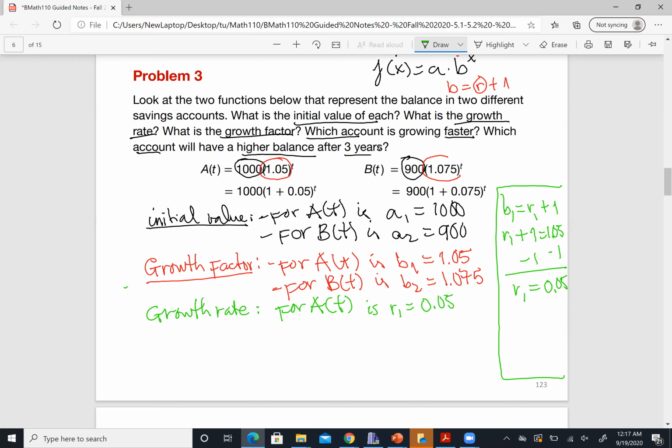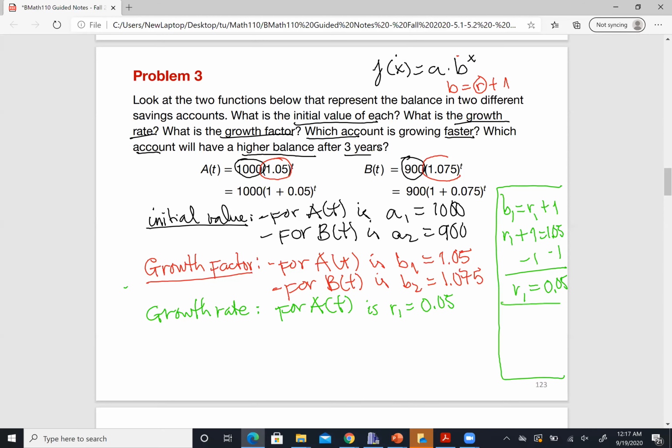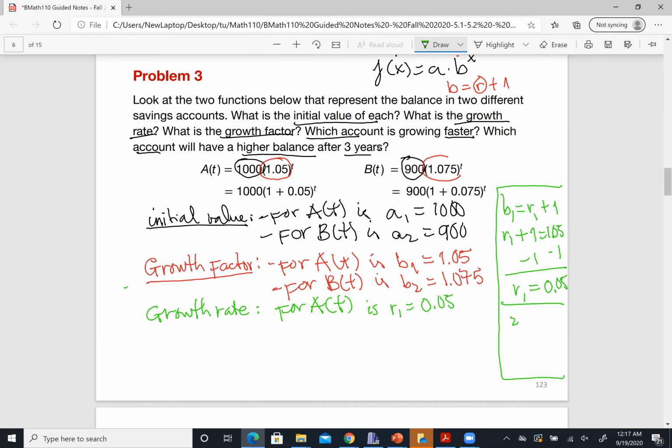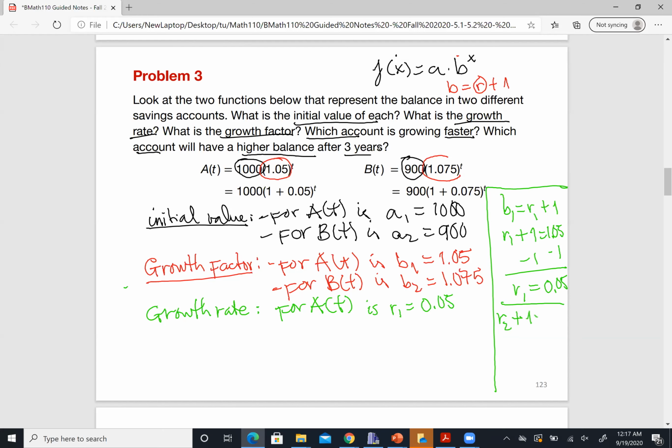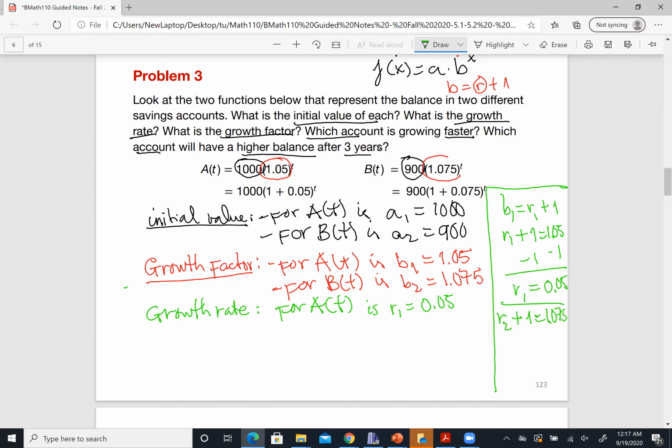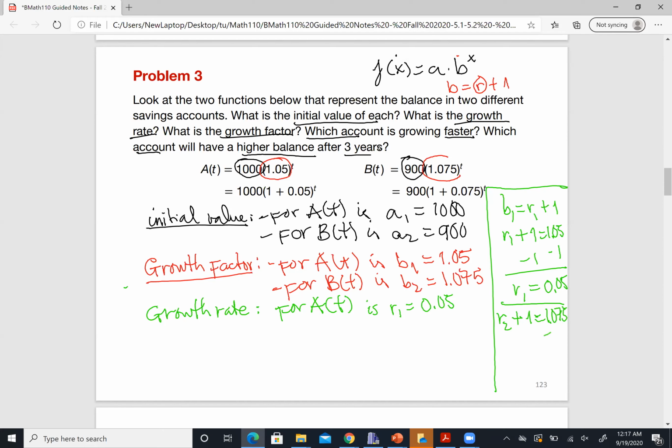Okay. What about B2? I'm going to write R2 plus 1 equal to 1.075. And then I subtract 1 from both sides.